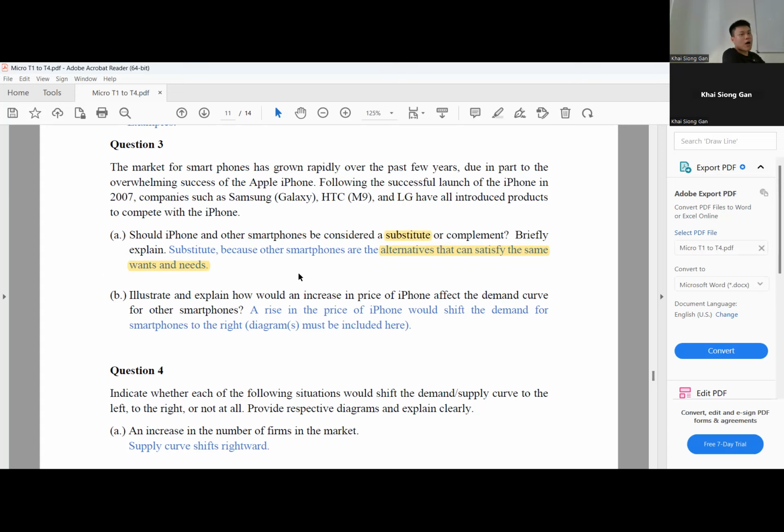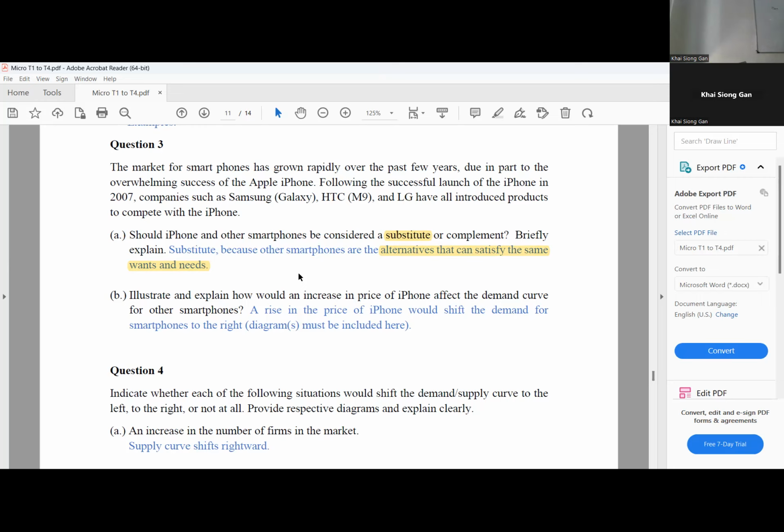Question B: Illustrate and explain how an increase in the price of iPhone would affect the demand curve for other smartphones. Is this a price factor or non-price factor? Non-price factor, very good. You are referring to two products here. So we look into iPhone and other smartphones. We use the same method as just now.